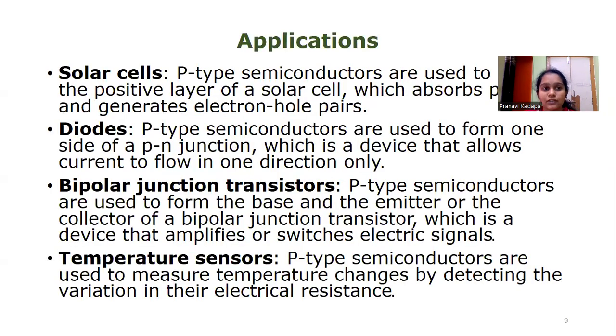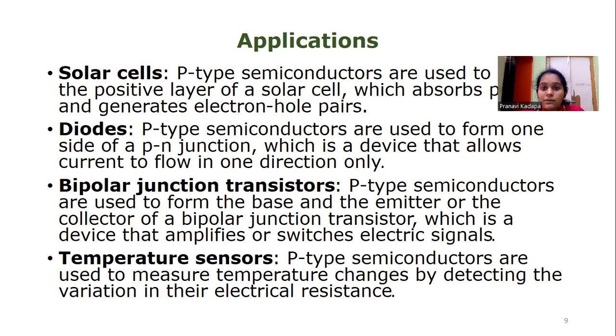What are its applications? P-type semiconductors are used in many ways: in solar cells, diodes, BJTs, temperature sensors, and microchips. Here are a few examples. In solar cells, P-type semiconductors form the positive layer of a solar cell, which absorbs light and generates electron-hole pairs.